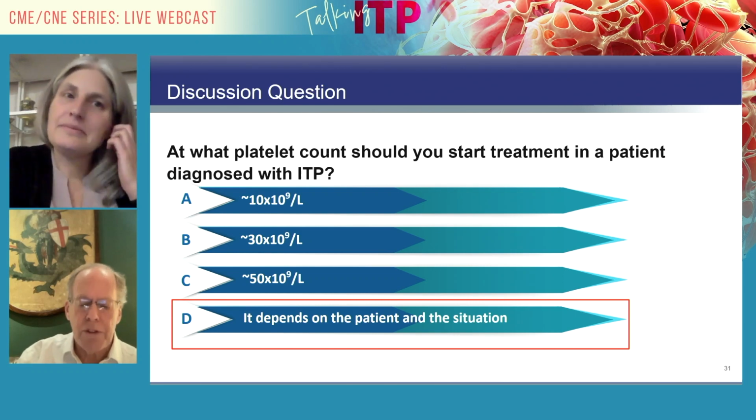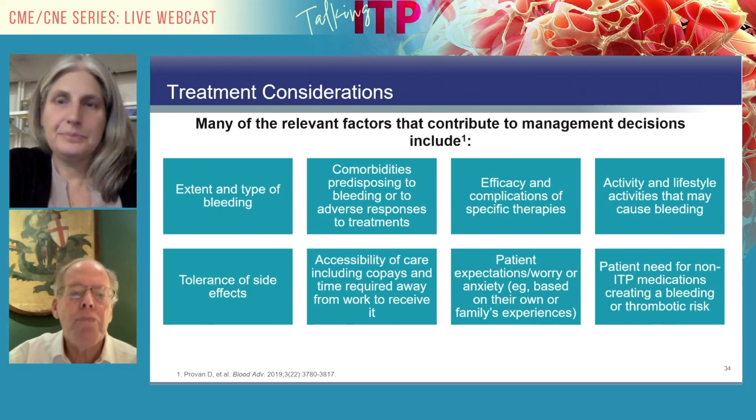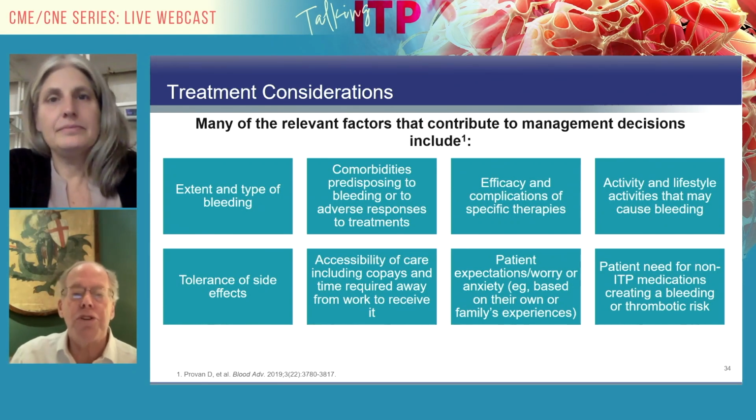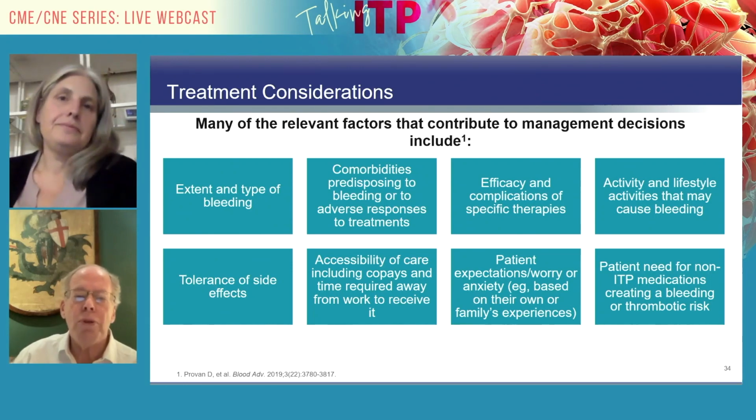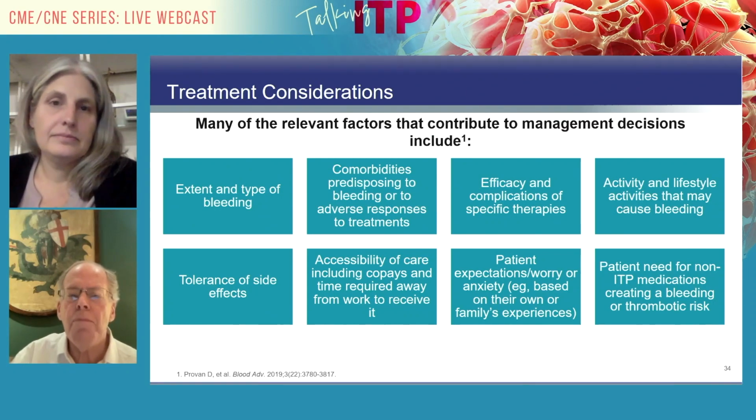But it depends on bleeding, the patient, many things like that. So there's a lot of factors to consider. Obviously, extent and type of bleeding. Also, what are the comorbidities predisposing to bleeding or to adverse response to treatments? And those might be more common in the elderly, but certainly could occur in anybody.